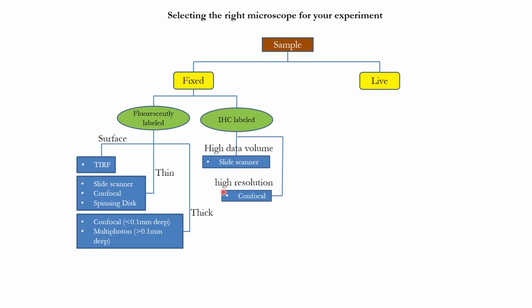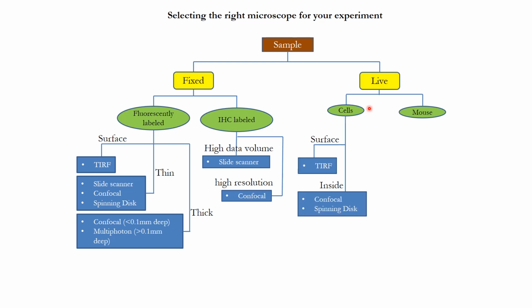Lastly, if you have a requirement of doing high resolution imaging like we discussed before, confocal is the way to go. On the other hand, if you have a live sample like a cell which is supposed to be maintained at 37 degrees Celsius, in that case if you are imaging at the surface, then TIRF is the way to go.